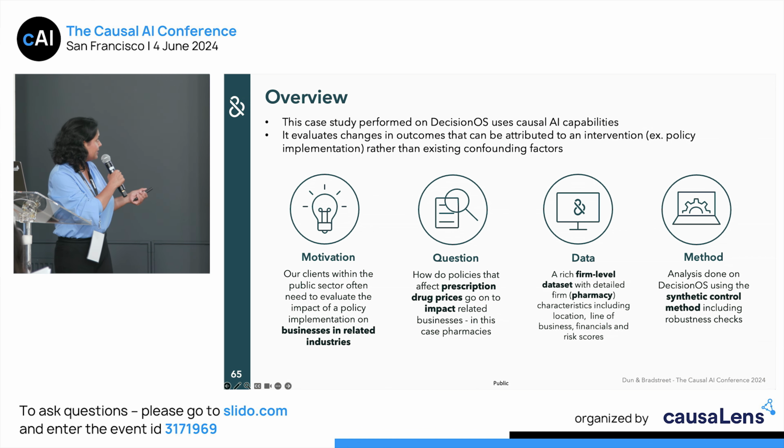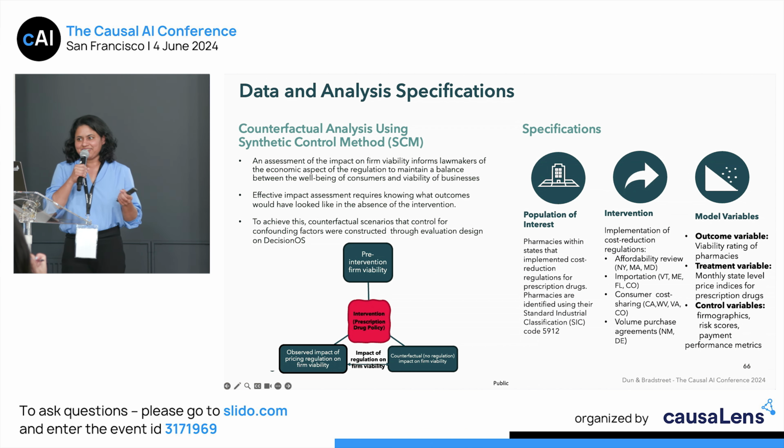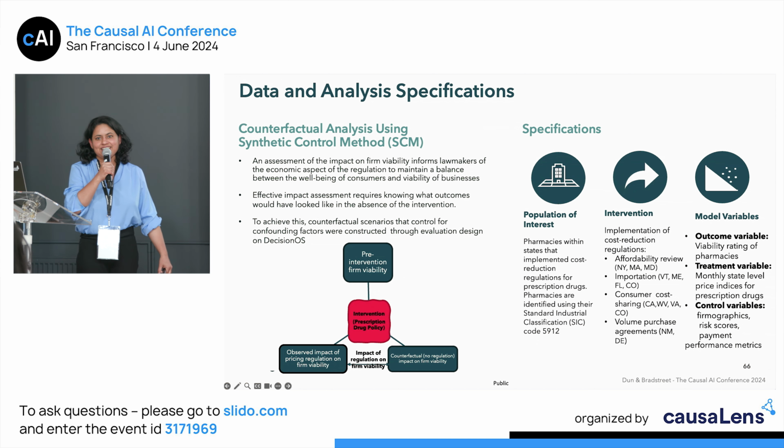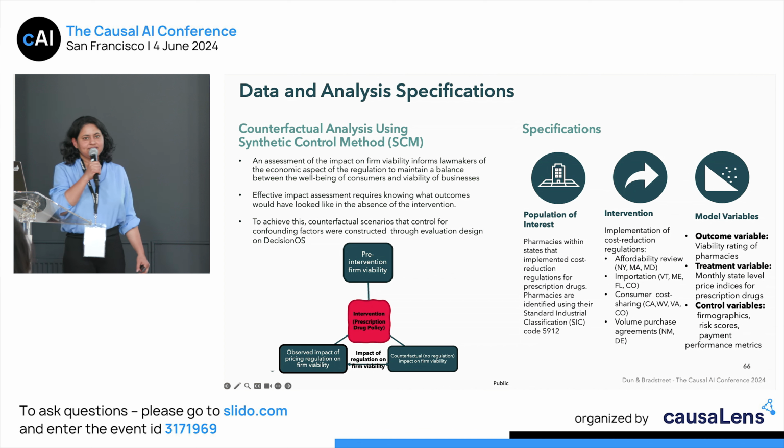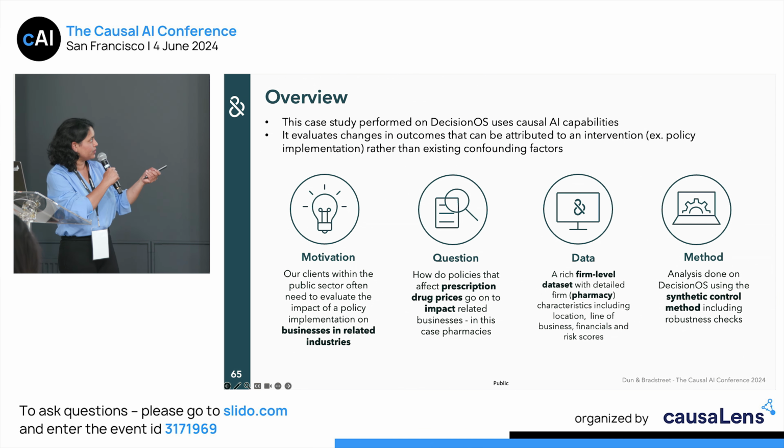So next slide. For this group, I don't think a refresher of the synthetic control method is required, but since I have it on the slide, I'll do it in any case in 2 minutes. As I was mentioning, we have a firm level data set, but we required to do this analysis at the state level and compare what was happening between different states.